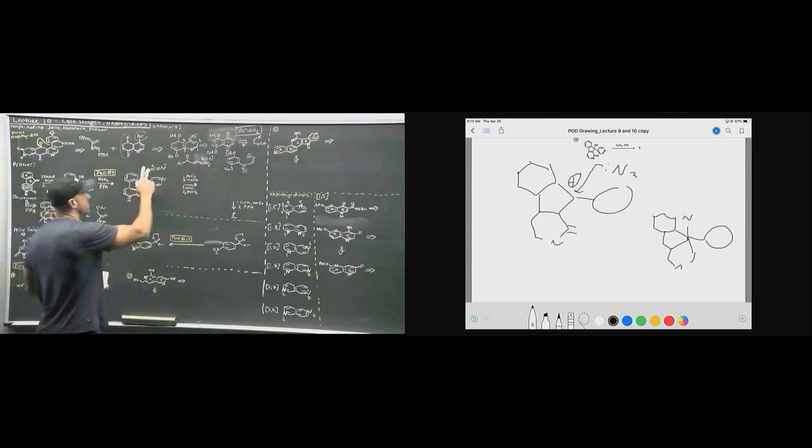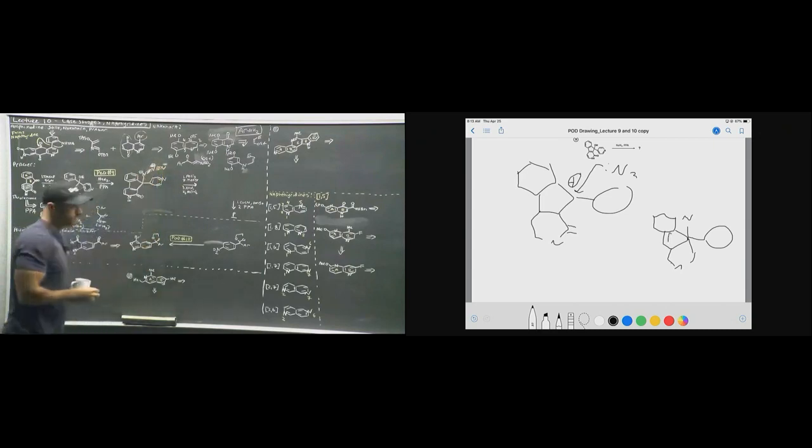Resonance form, or whichever one you like. This one's better for you. Whatever one you like. Both work fine.